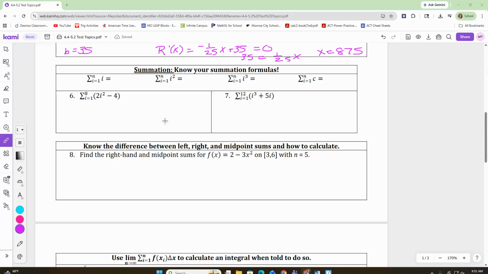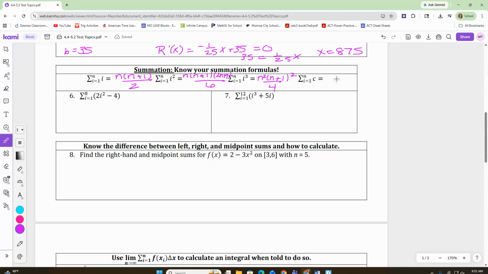Next thing, summation formulas. You have to know those. What is the i formula? I squared starts out the same: n times n plus 1 times 2n plus 1 over 6. What about i cubed? n squared times n plus 1 squared over 4.